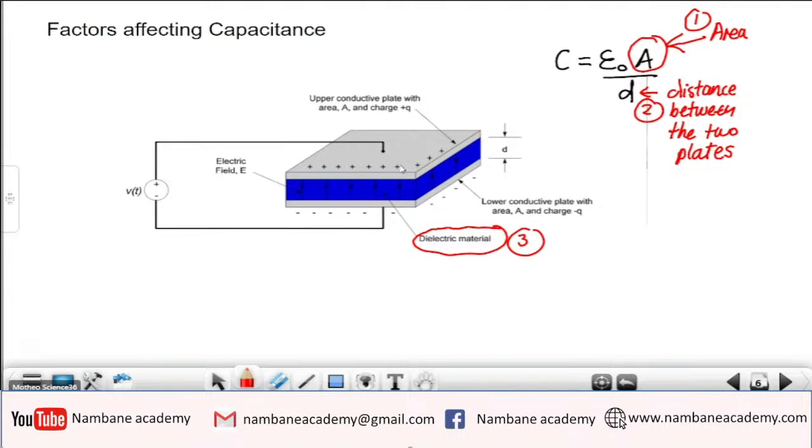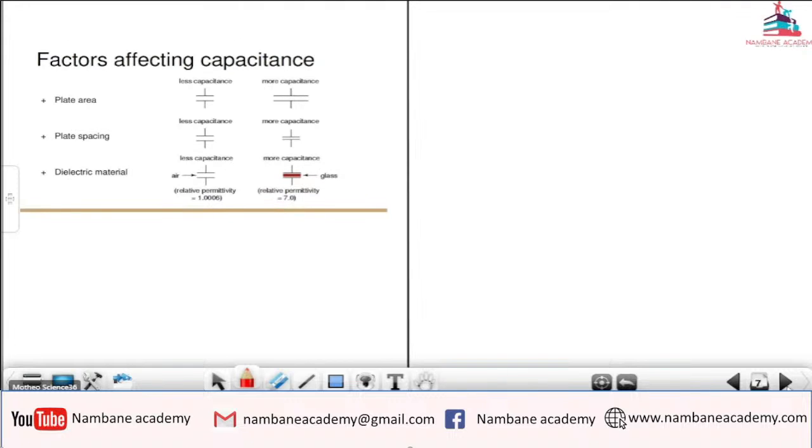All right. So let's check now. What are we saying? We're saying that if the plate area is larger, there will be more capacitance. For example, using this formula of ours, if we say the distance for the two plates is 1 centimeter, and then we have another capacitor where the distance between the plates is also 1 centimeter.